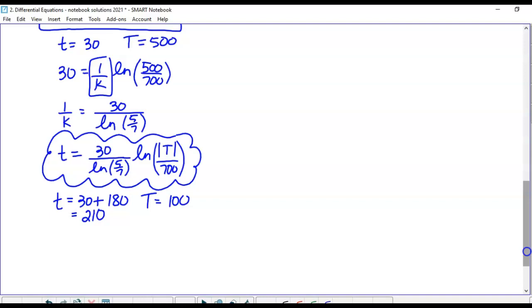So really, if you substitute this in, it might not be equal to each other. So don't put both of them in. Because this is solved for t, let's substitute T equals 100 in and see how close we get to 210. So that would be 100 over 700, which is 1/7.